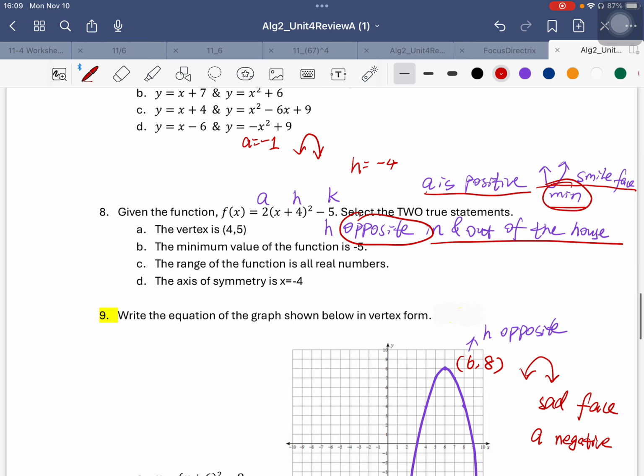Yes, it's a smiling face, it has a minimum, the smallest point, and your vertex is always your minimum or maximum. The y value is -5. It is correct. C, okay, all real numbers is the domain, not the range. D, the axis of symmetry is x equals -4. That is correct because h is the opposite.